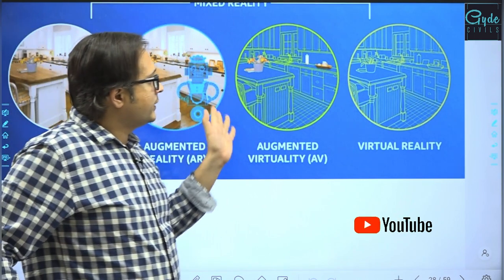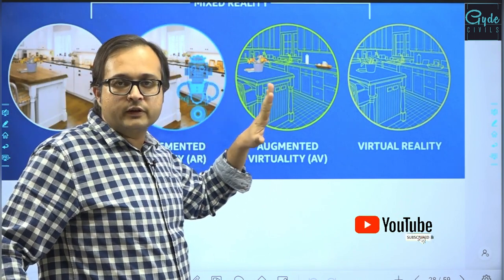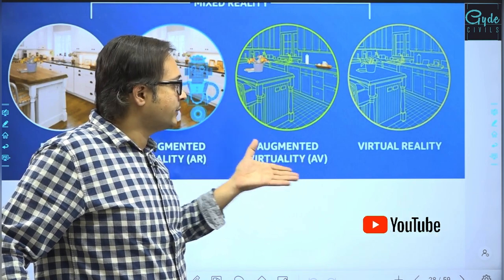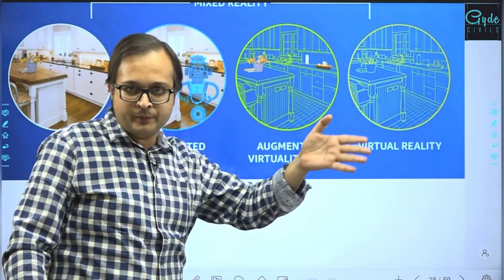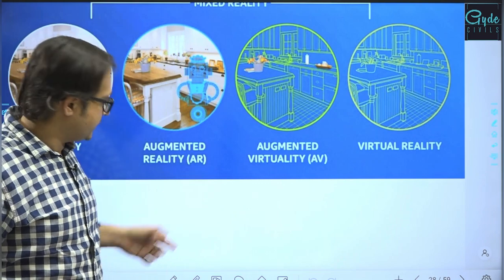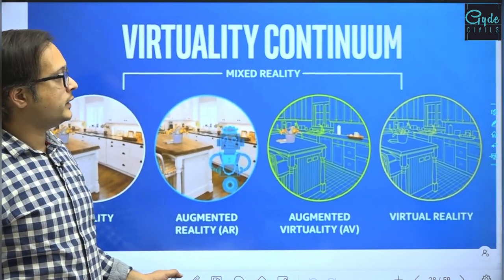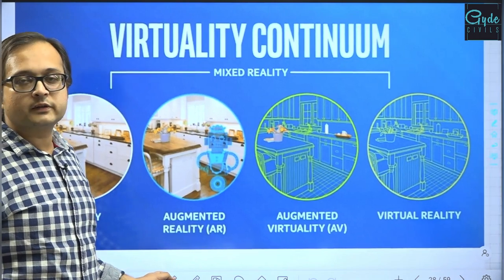Also, when the realistic things and virtual things start to interact, it becomes augmented virtuality, right? This all is termed the virtuality continuum, or what is also called mixed reality.